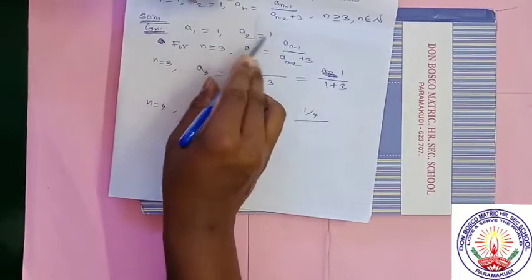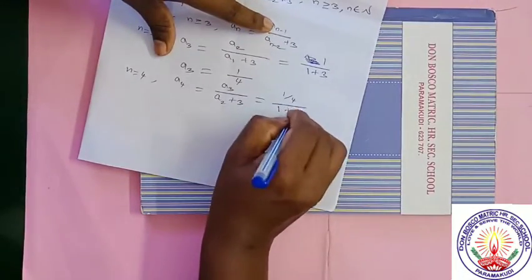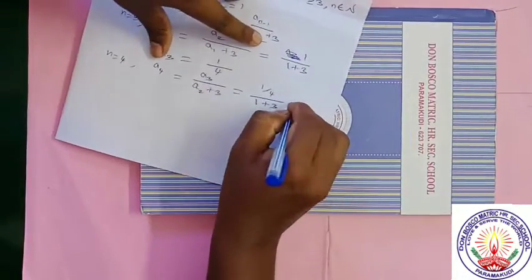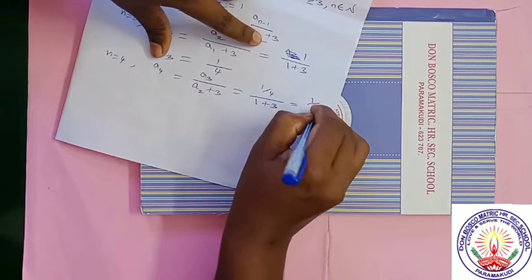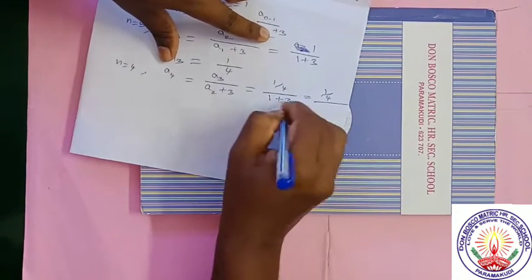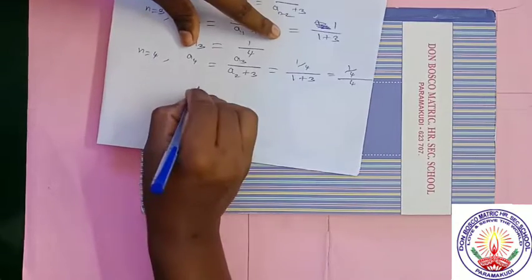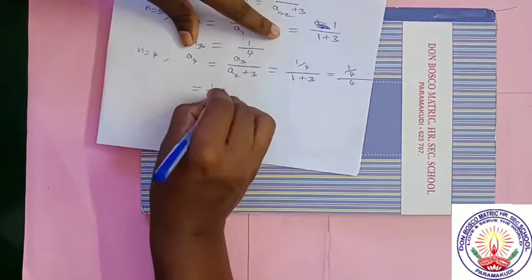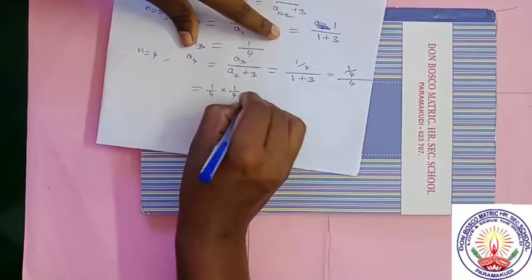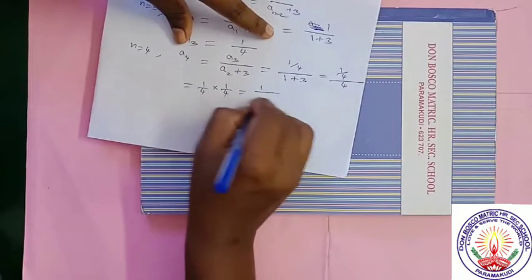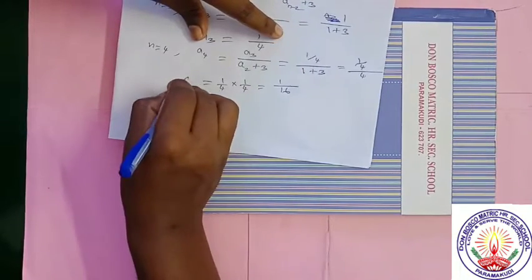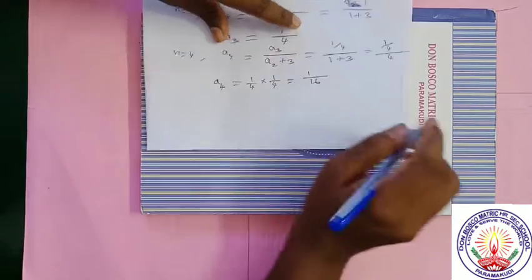What is a2? a2 is equal to 1. So 1 plus 3. So which is equal to 1 by 4 divided by 1 plus 3 is equal to 4. Fraction by fraction, which is equal to 1 by 4 into 1 by 4. 1 by 4 into 1 by 4 is equal to 1 by 4 4s are 16. So answer a4 is equal to 1 by 16.